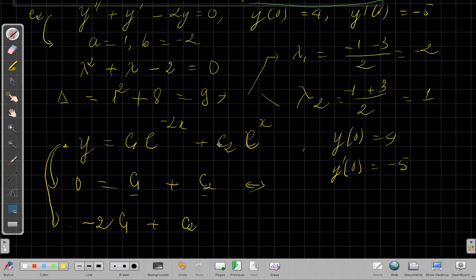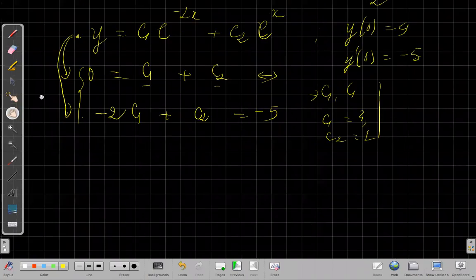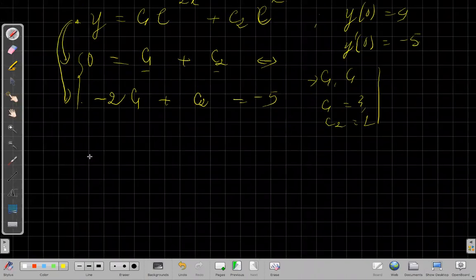Because we take the derivative, it's almost the same. So from the two equations, we can easily find the specific c1 and c2. For this case, c1 equal to 3 and c2 equal to 1. Okay, and we can write out the solution for this like that.